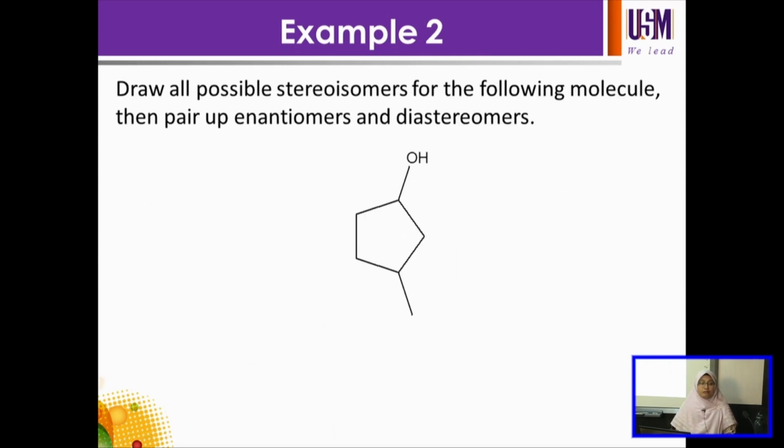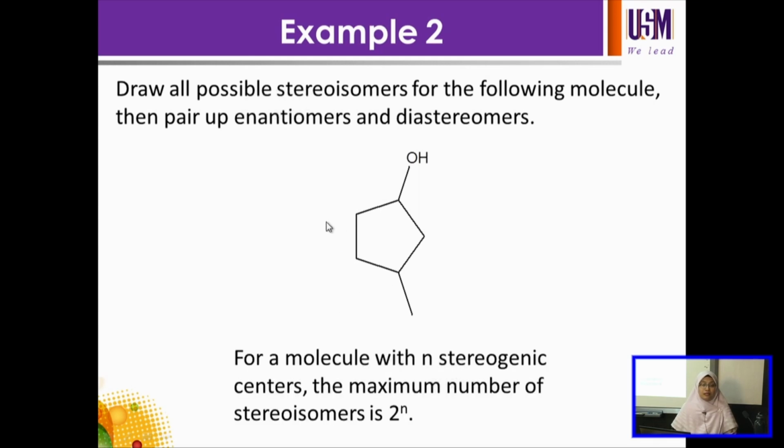For the second example, please draw all possible stereoisomers for the following molecules, then pair up between enantiomers and diastereomers. So here we have a cyclopentane with a hydroxy group and a methyl group here. So this is supposed to be a methyl group. So remember, when I did not put any carbon here, the dot here means that there is a methyl group.